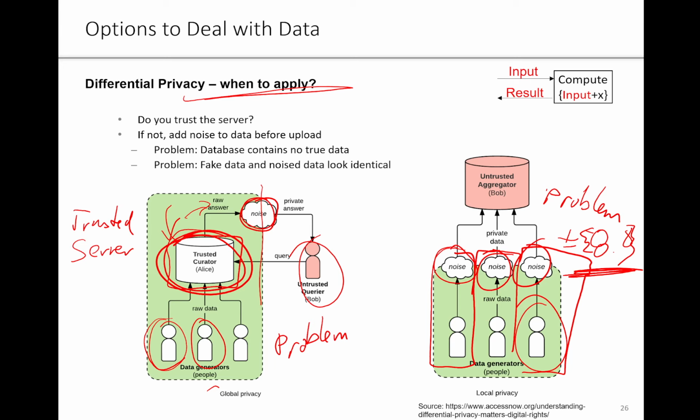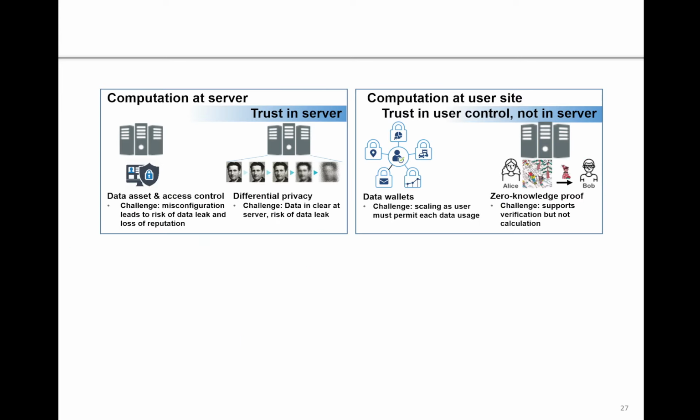So you have to know upfront what the average is and what kind of noise to add in order to upload the right data. So you have to have knowledge about the data before it has been uploaded. That's not ideal, not well working. Okay, so far in trusting the server. This one is anyway difficult.